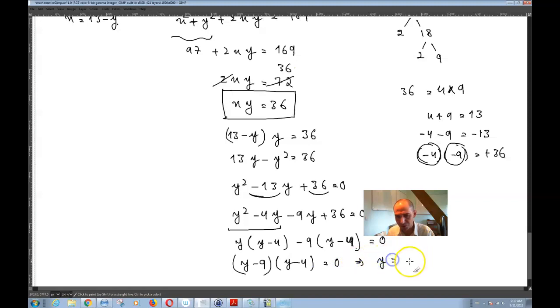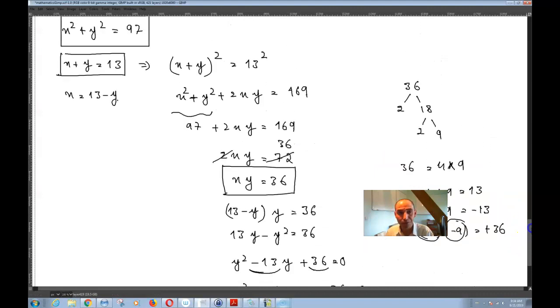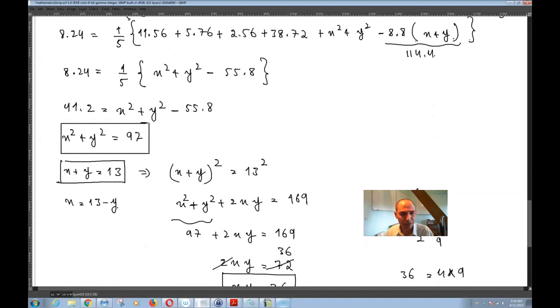That means that y is equal to 9, or y is equal to positive 4. Oh, there was a better way to actually do this, but well, we missed that.